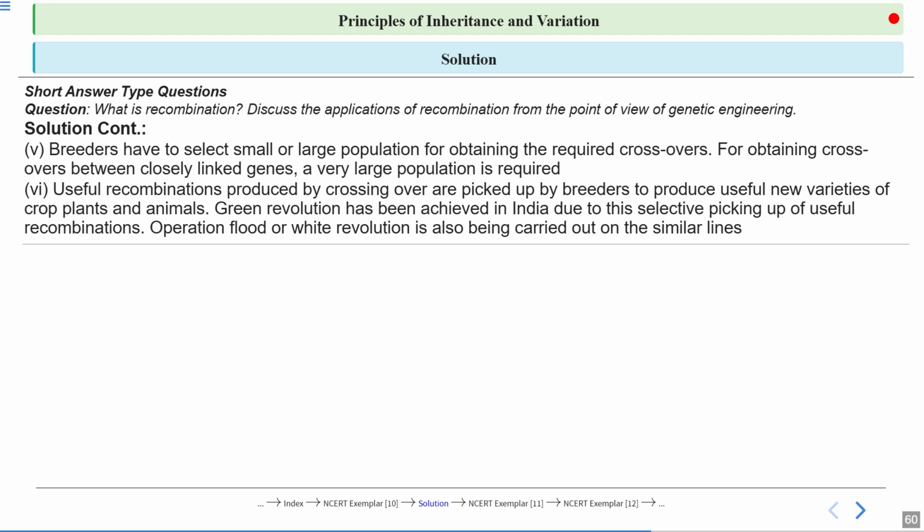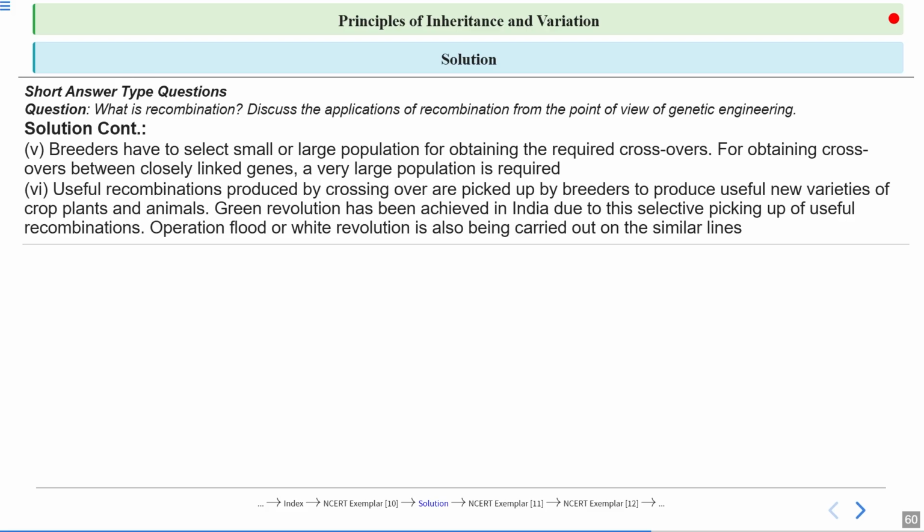Now, useful recombinants are selected by the breeders to produce new varieties. Okay, so you can see deliberately what the breeders do.